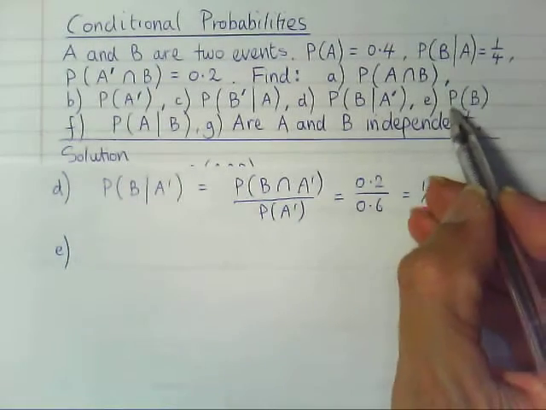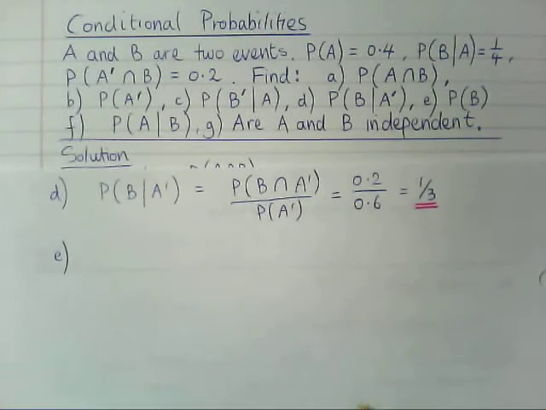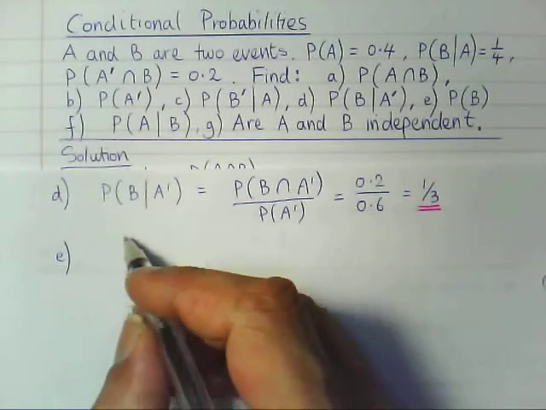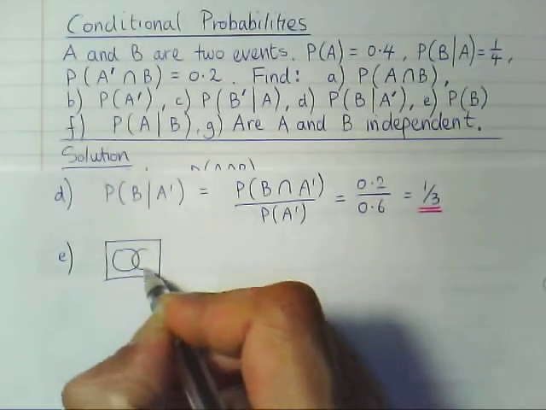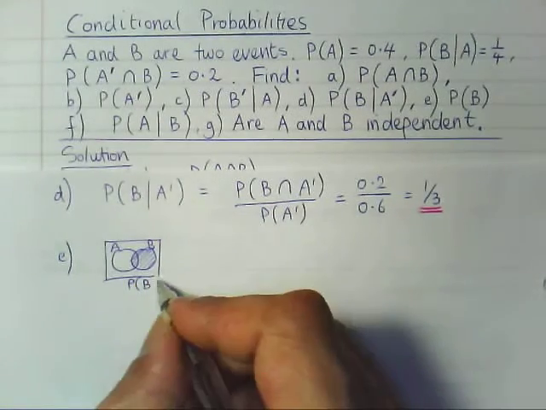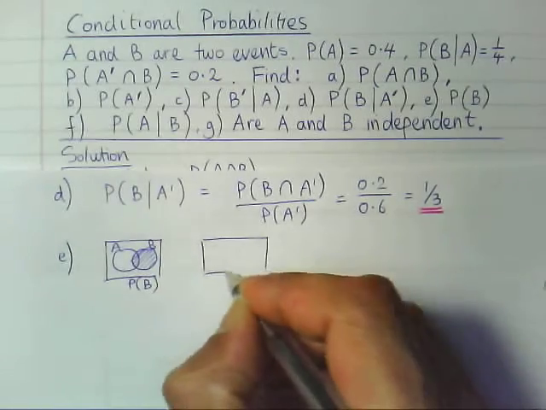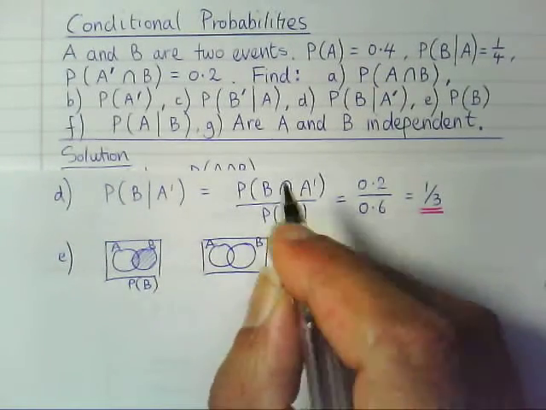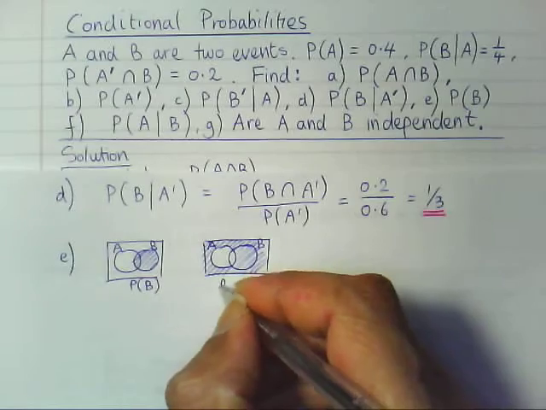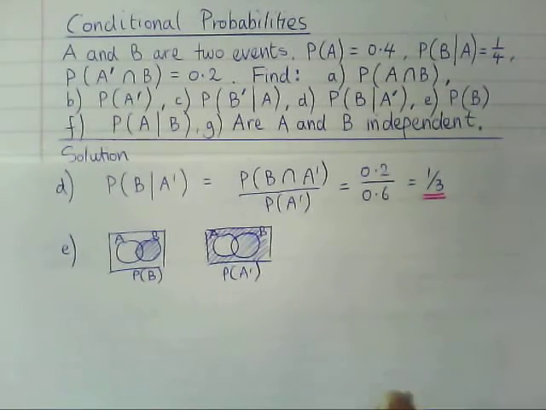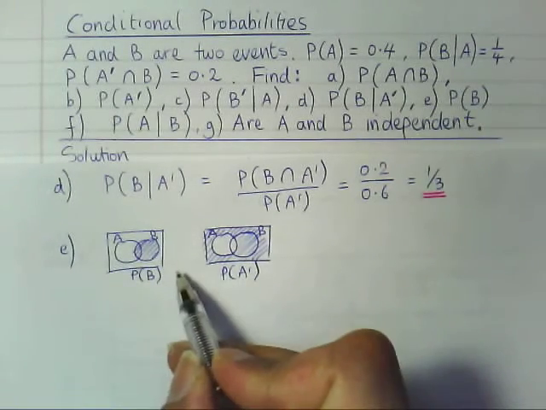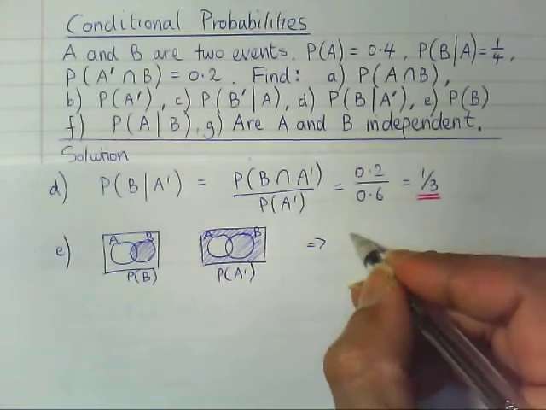Now for part E, we're asked to work out the probability of B. Well, what we can do is think about Venn diagrams graphically, and we know that this is the probability of B, and we know that this must be the probability of the complement of A. Well, if we combine these two and try to find the intersection of these two areas, in essence, this leads us to think about this diagram.